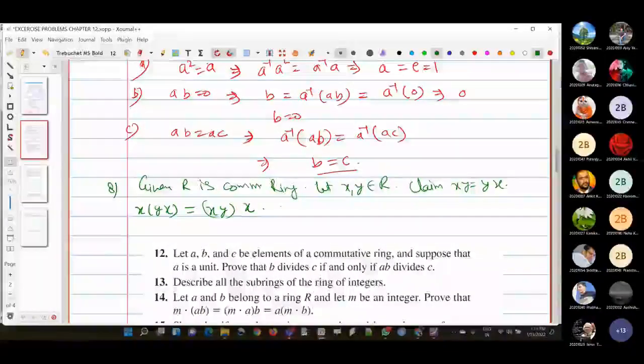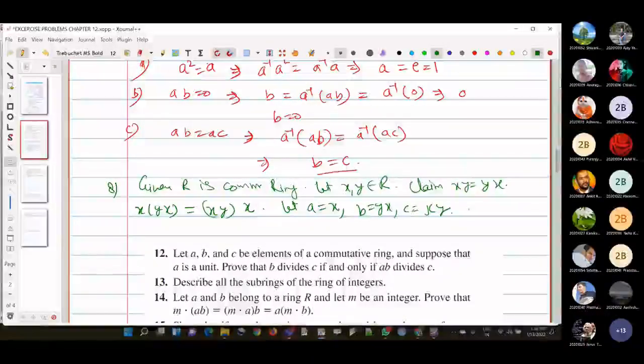Because of associativity. And now let us take some replacement: A equals X, B equals YX, and C equals XY.